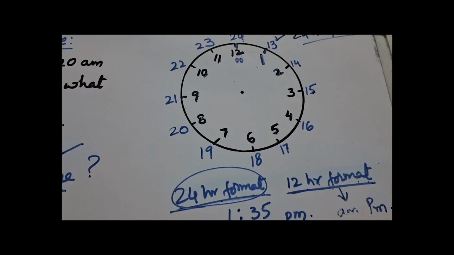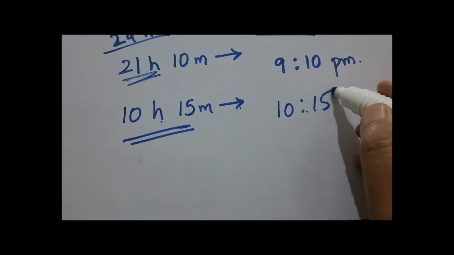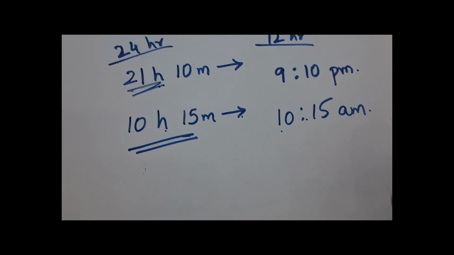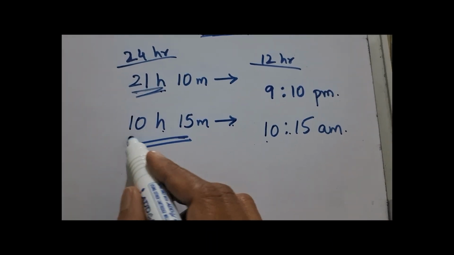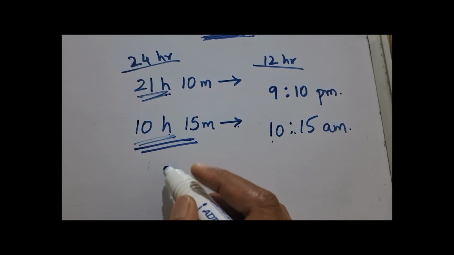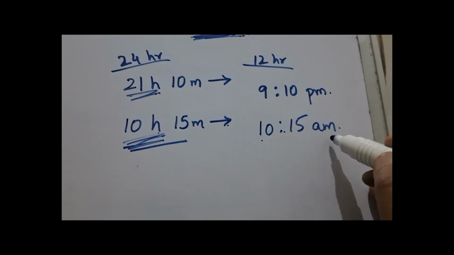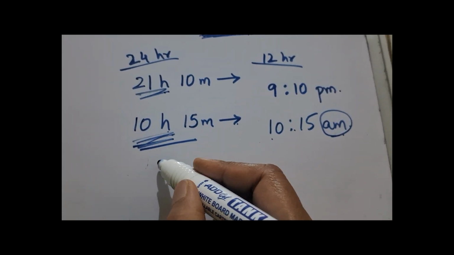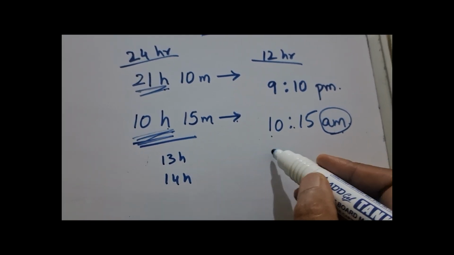So that is morning 10 hours, and 10 hours 15 minutes is 10:15 a.m. Now these hours: if the hours are less than 12, then that will be AM. Okay, children, if it is more than 12, like suppose 13 hours or 14 hours, then this will be PM.